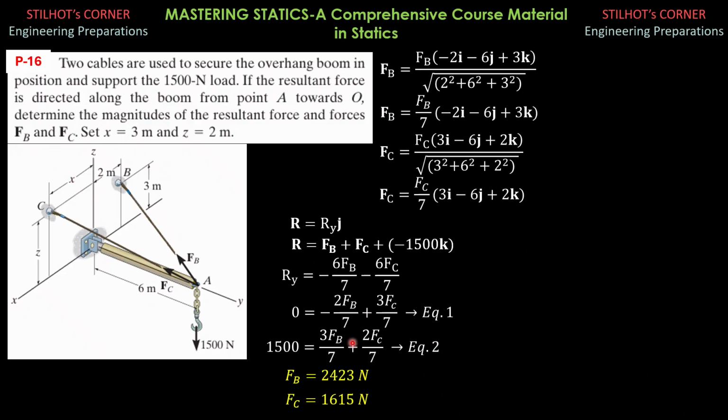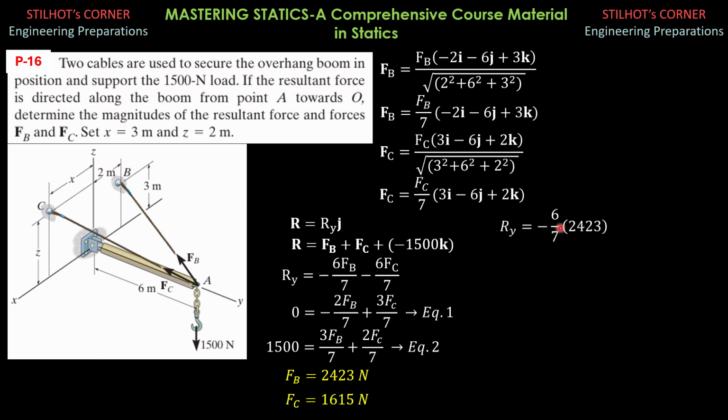Then for R, we substitute it here because we expect that R is Ry j. The magnitude of R is the absolute value of Ry, but Ry is expected to be negative from this equation.